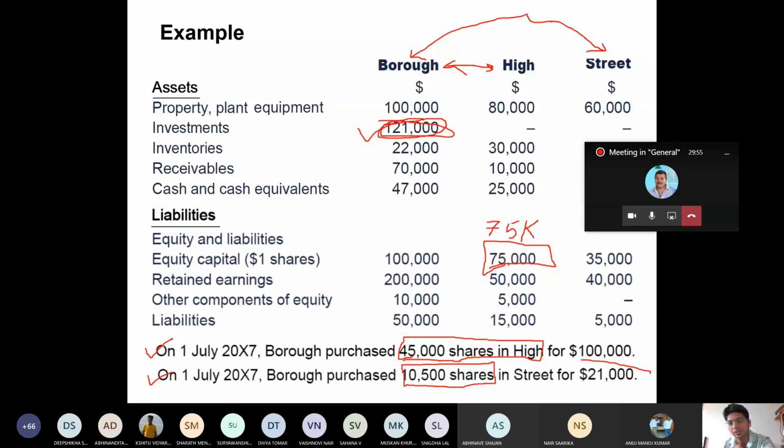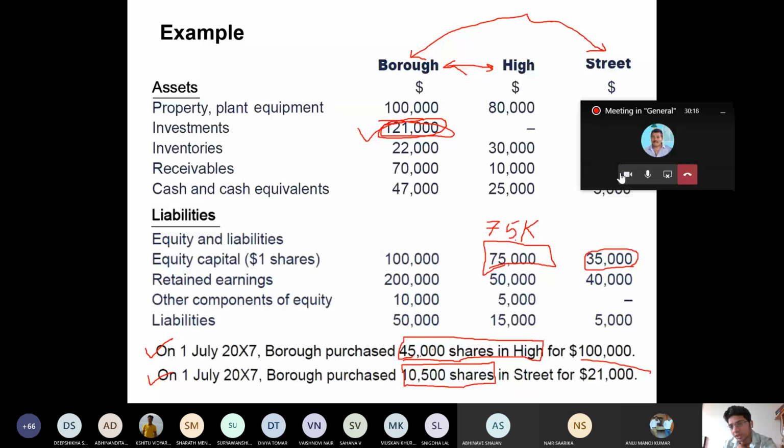The total shares of High is 75,000, so out of 75,000 shares, Borrow has purchased 45,000 shares. And again, this is also $1 capital amounting to 35,000, means 35,000 shares.